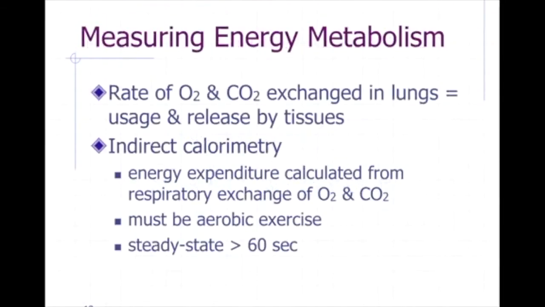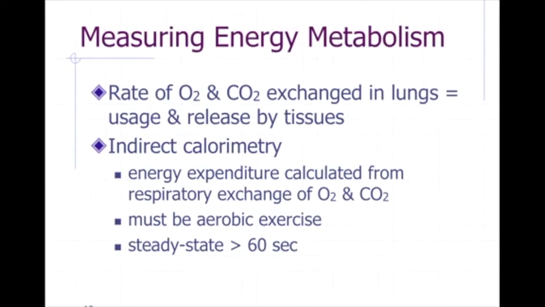So we can extrapolate it by looking at the rate of oxygen and carbon dioxide exchange within the lungs, so that we can start to make assumptions. This is called indirect calorimetry. Instead of being direct, measuring in the bloodstream, it's indirect.